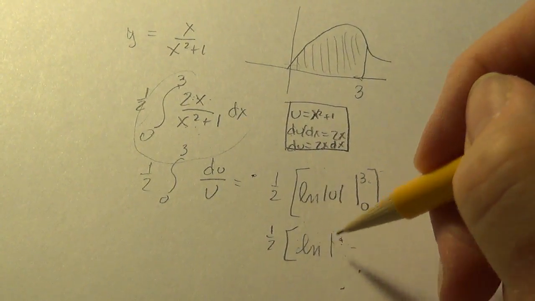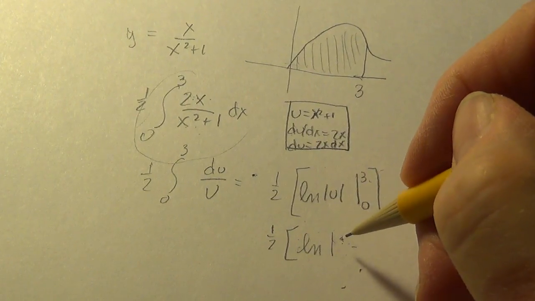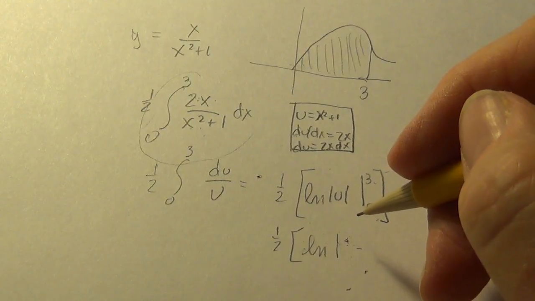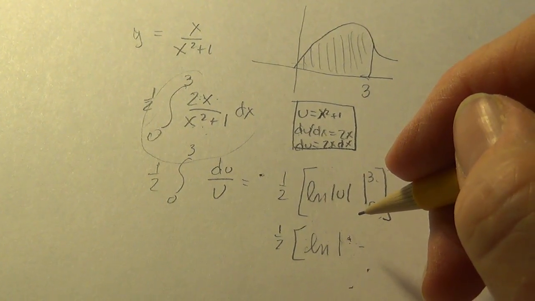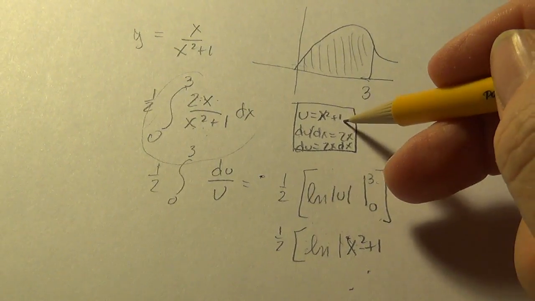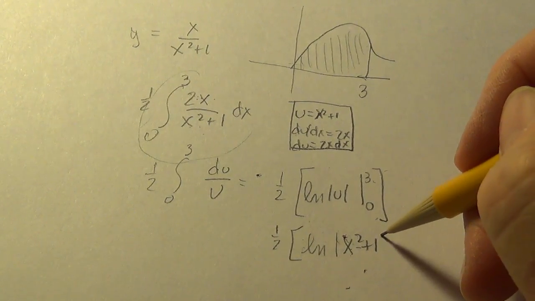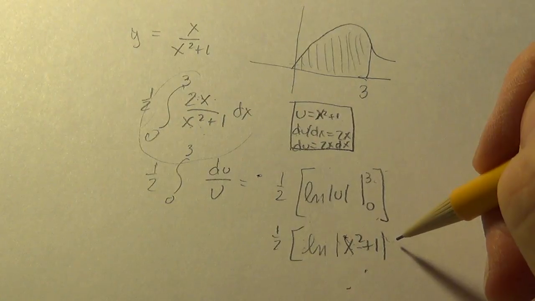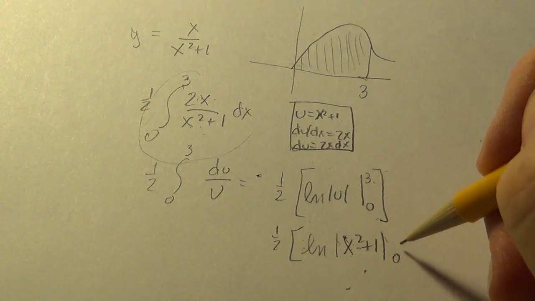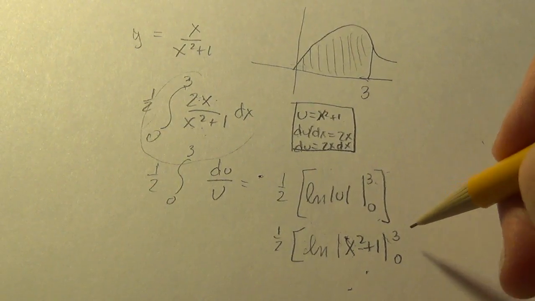So I'm going to go back to the x value, which was x squared plus 1, right there, and we are going to go from 0 to 3 now.